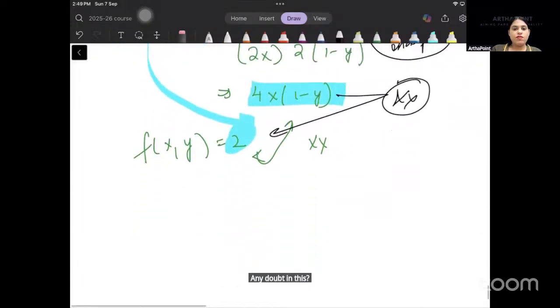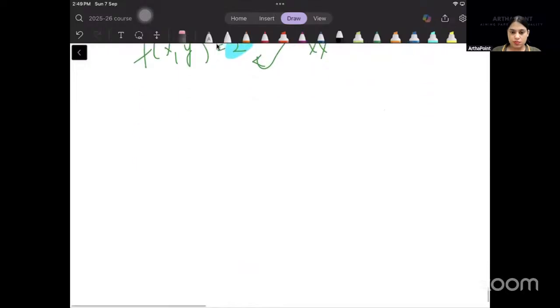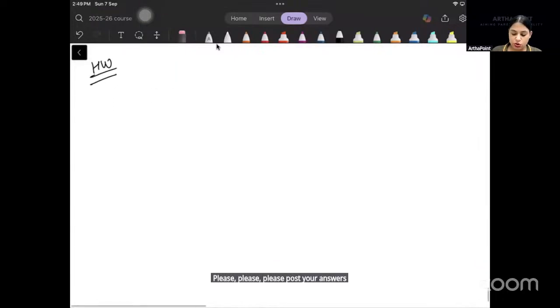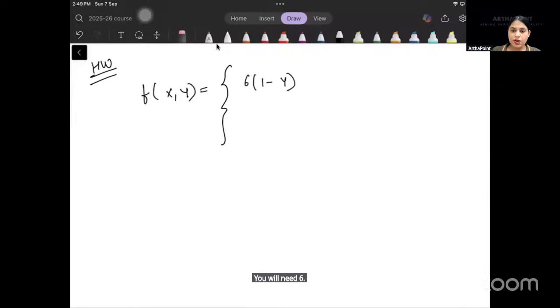Better write down a homework question. Please post your answers today itself in the group. Don't skip these. f of x y will be 6(1 minus y) in this interval, 0 otherwise.